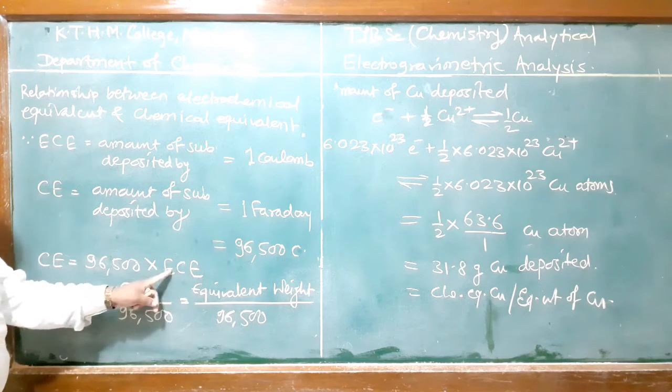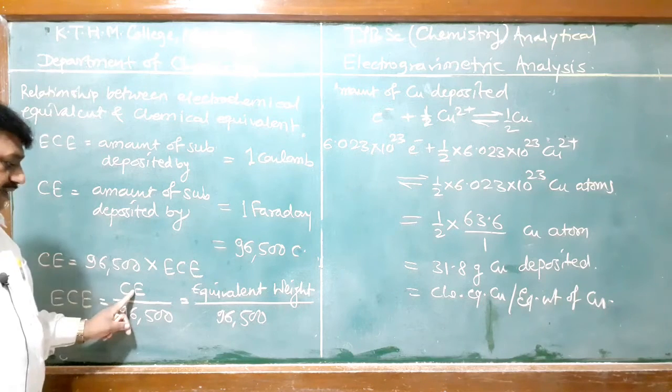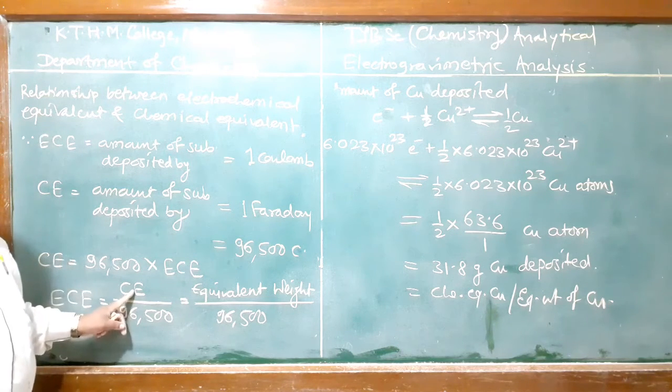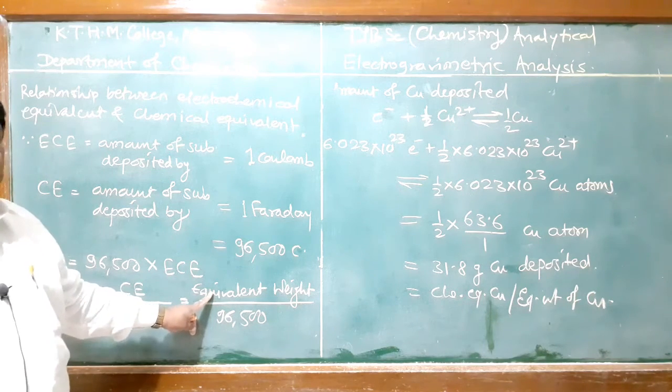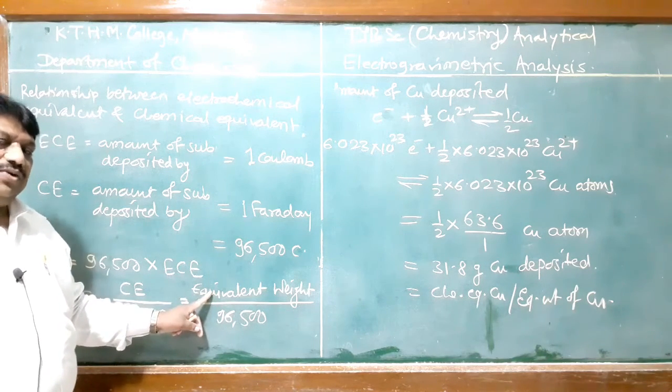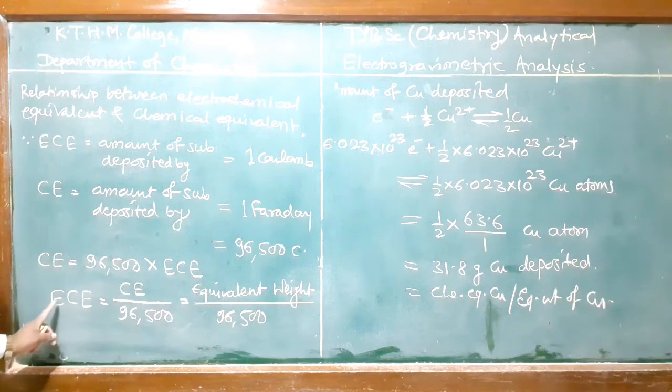Therefore, we can easily find the electrochemical equivalent from the chemical equivalent. Chemical equivalent means the equivalent weight of that substance. The equivalent weight of that particular substance or analyte must be known for determination of the electrochemical equivalent.